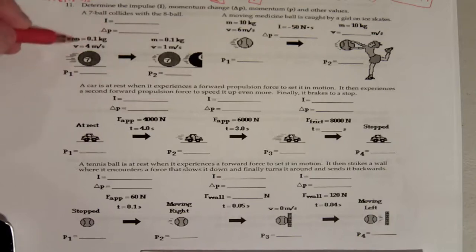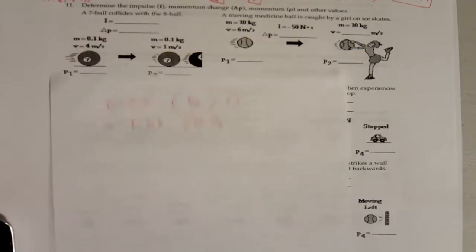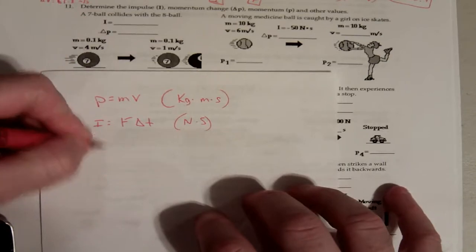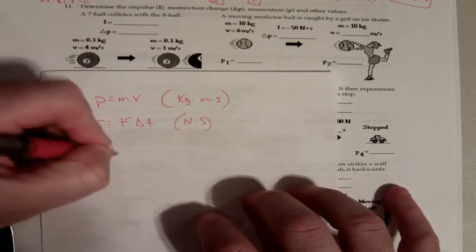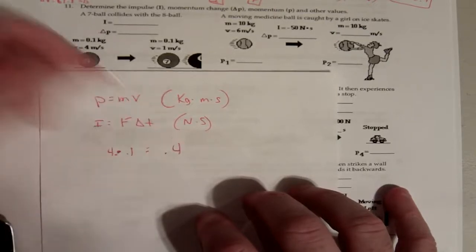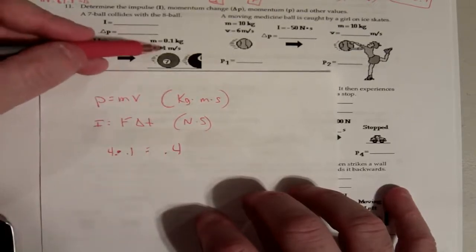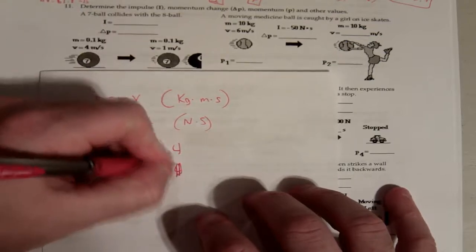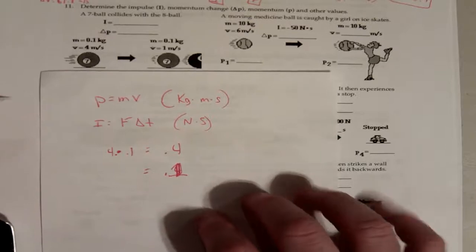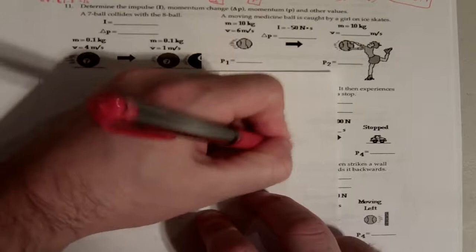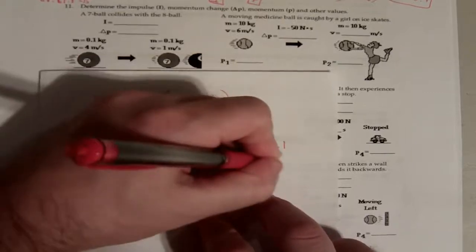If you start off with 4 times 0.1, which equals 0.4, that's our initial momentum. Our final momentum, 1 times 0.1, equals 0.1. Therefore, our change in momentum equals 0.4 minus 0.1, which equals 0.3.